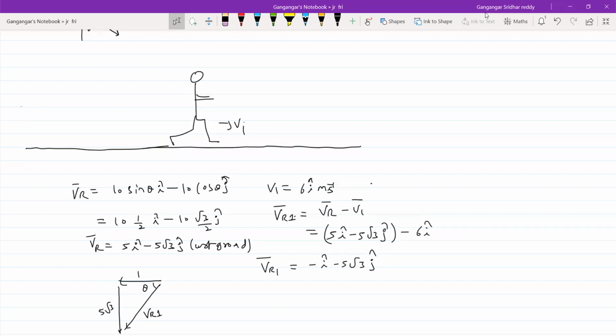Let me take this angle as theta 1. So tan theta 1 should be equal to 5 root 3 by 1. And the value of VR1 is the square root of 1 plus 5 root 3 whole squared, so root 76 will come.